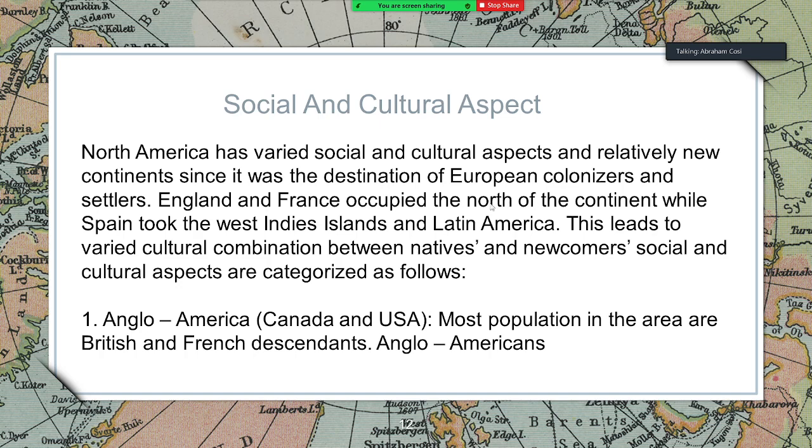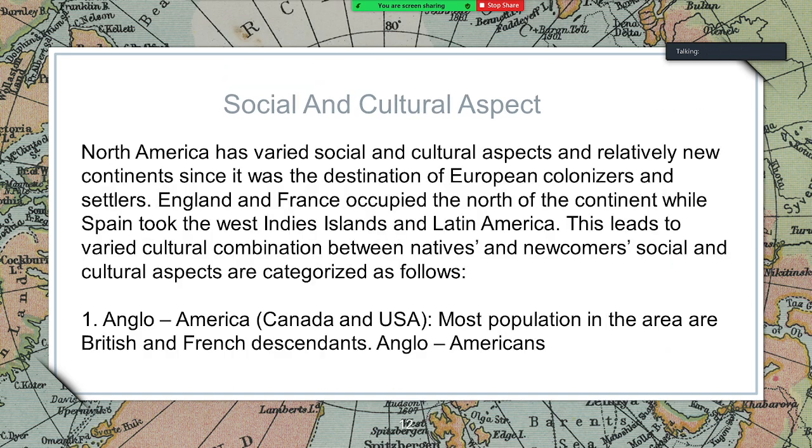And for the southern countries in the continent, we have the West Indies Islands and the Latin Americas. They were colonized by Spain, and in the north we have England and France.